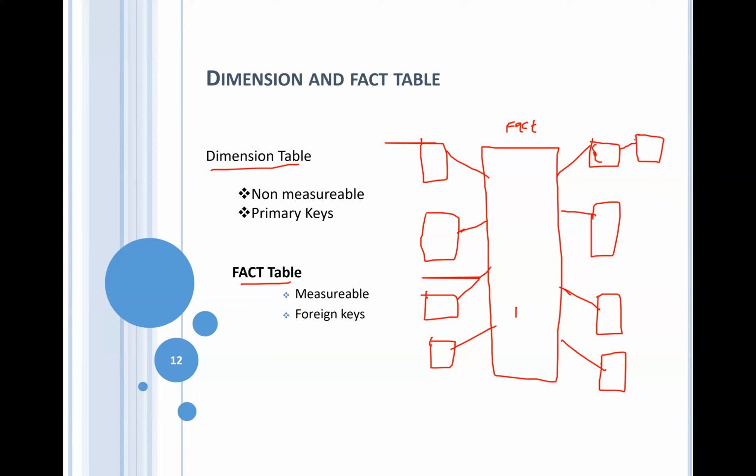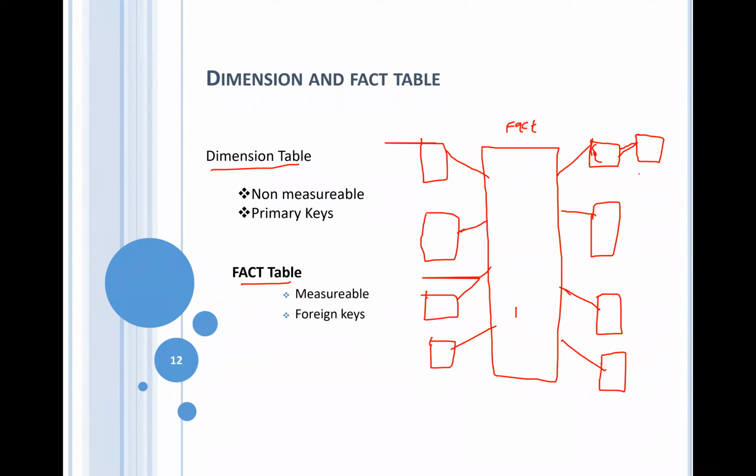That means from one dimension table, we do the normalization process and create another dimension table, to avoid data redundancy. So this is the outer dimension, this is the inner dimension. This dimension table will have the primary key, and this dimension table will have the foreign key. So this particular key will be a foreign key in this particular dimension table.